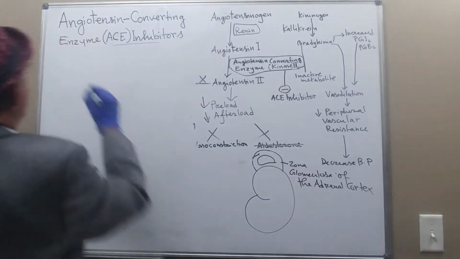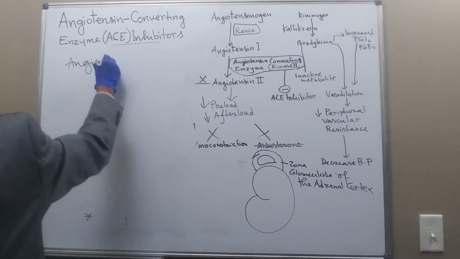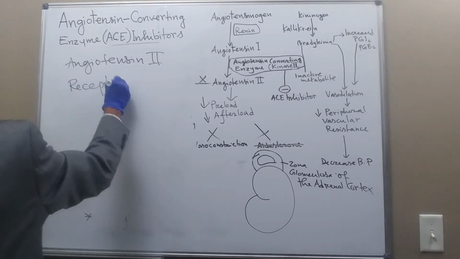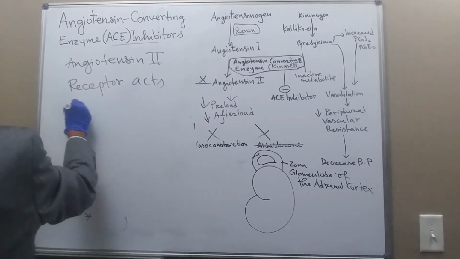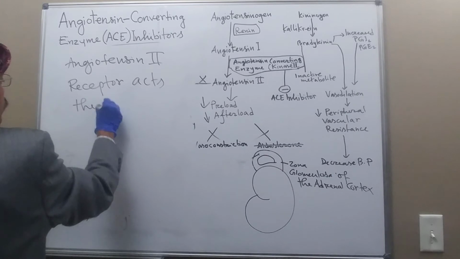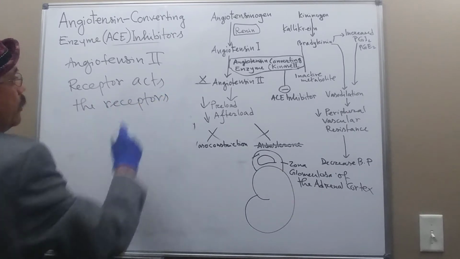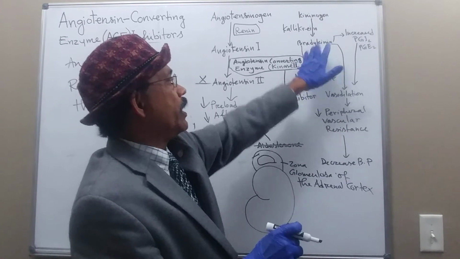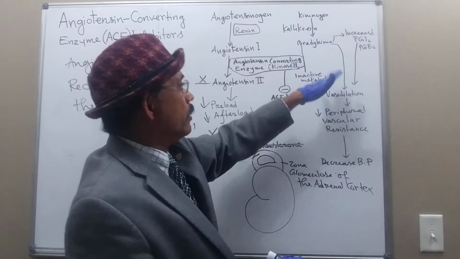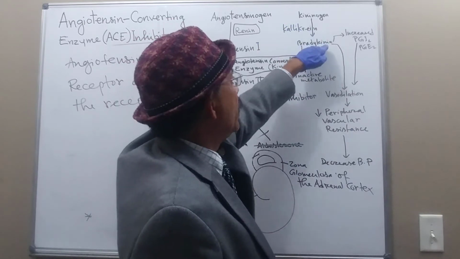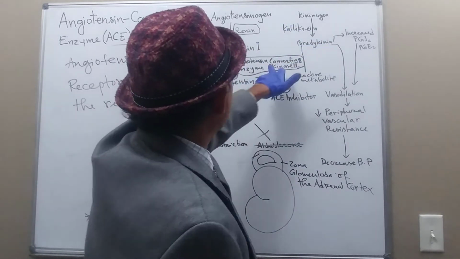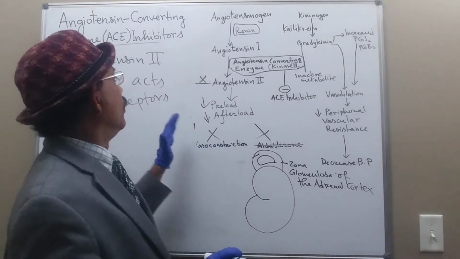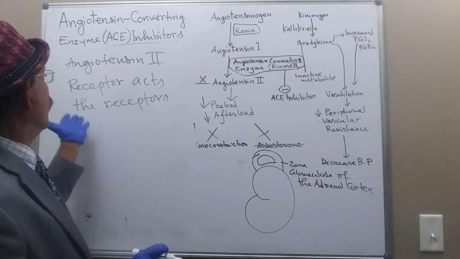They do not block the conversion from here to here. They do not work on the bradykinin, so the bradykinin does not remain in the system. It will break down very easily. So how does this work? It just works on the receptors on the blood vessel.